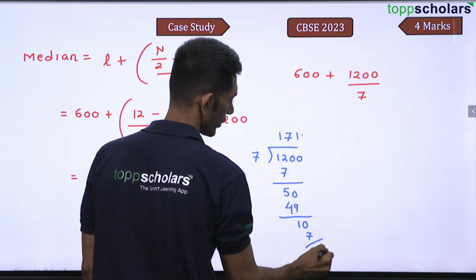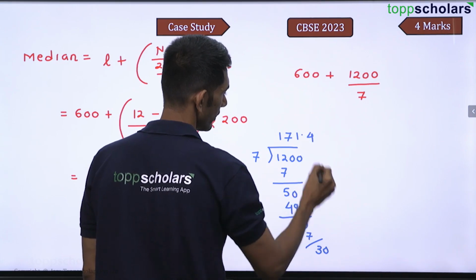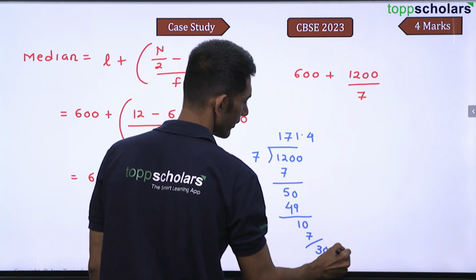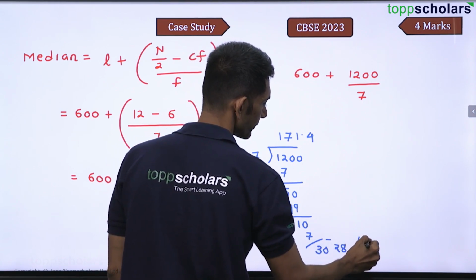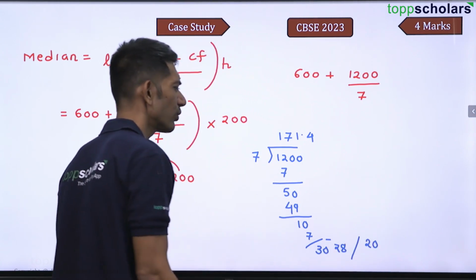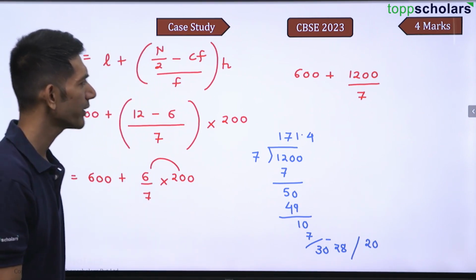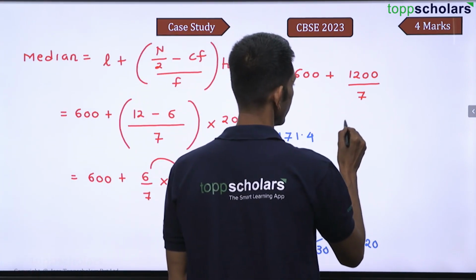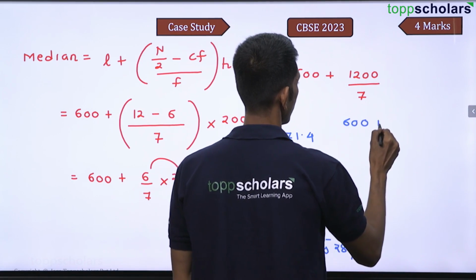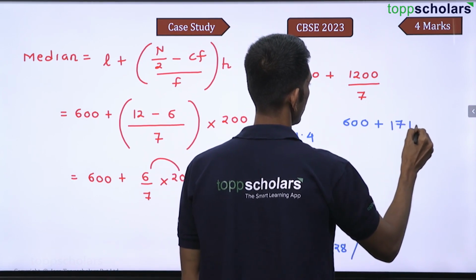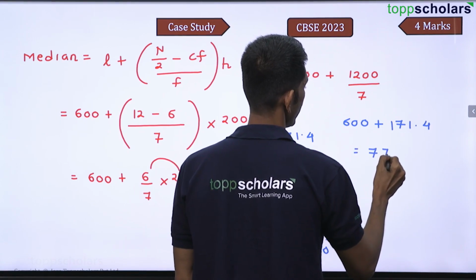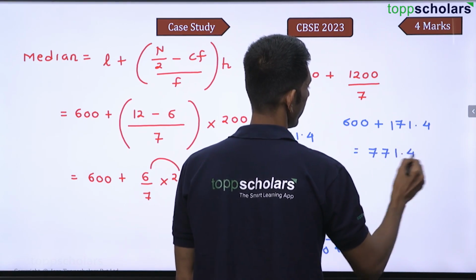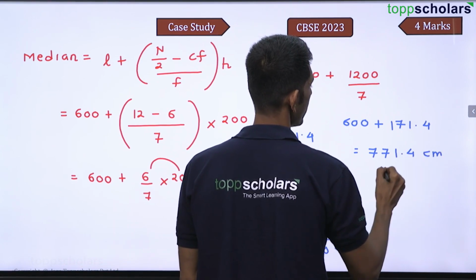You get a dot. You get 0. 7 fours are 28, right? If you subtract, you get 2 0. So approximately you get 171.4. So this is 600 plus 171.4, that is 771.4 centimeter is the median.